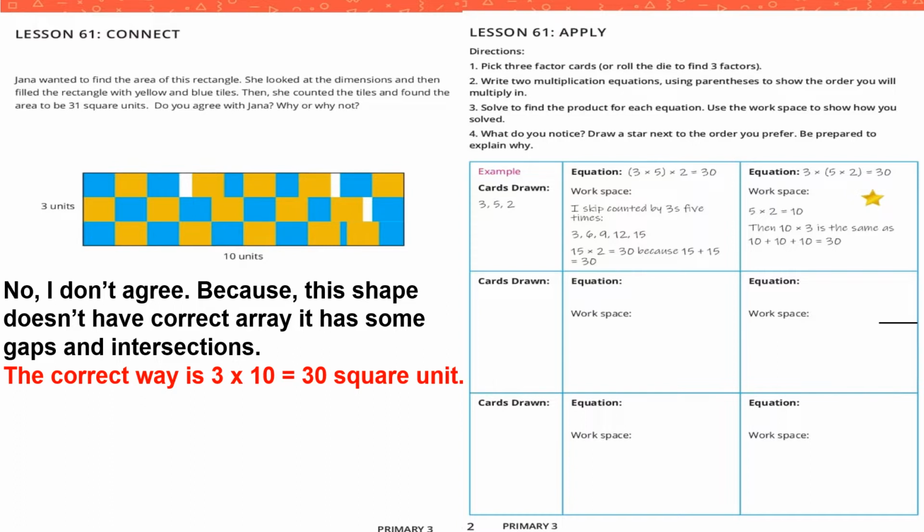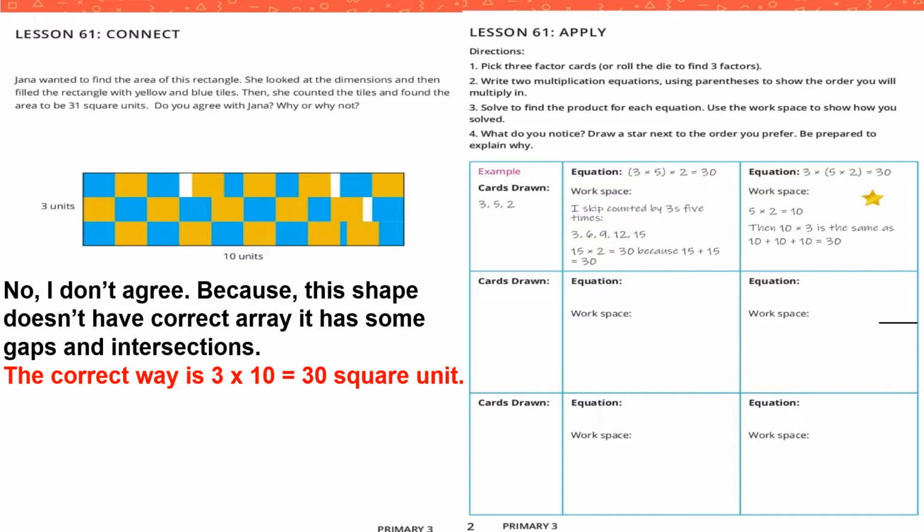We said that we will take 2 numbers and put them between 2 brackets, and then multiply the third number. In the first way, he multiplied 3 times 5, then he multiplied 2.